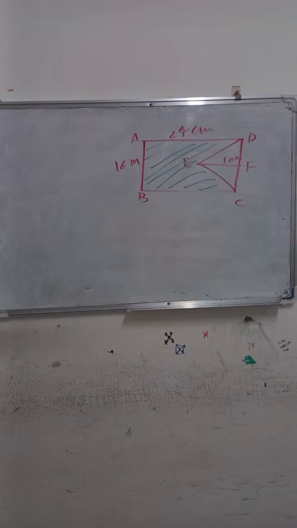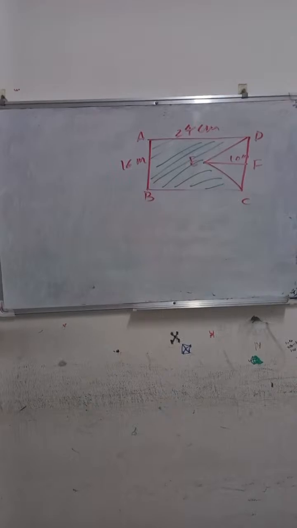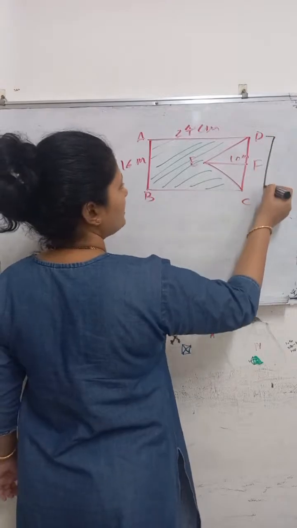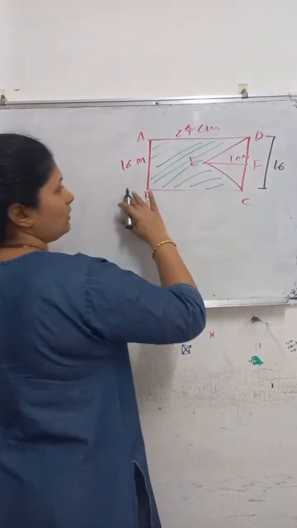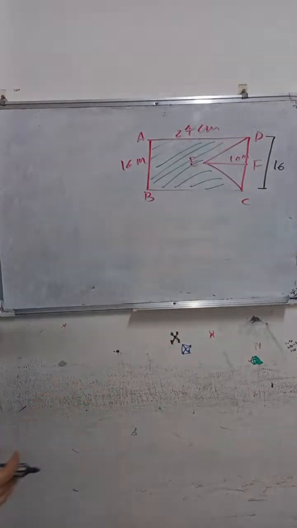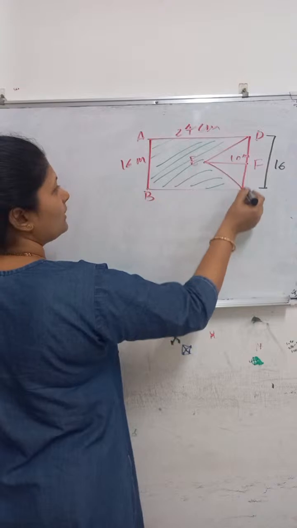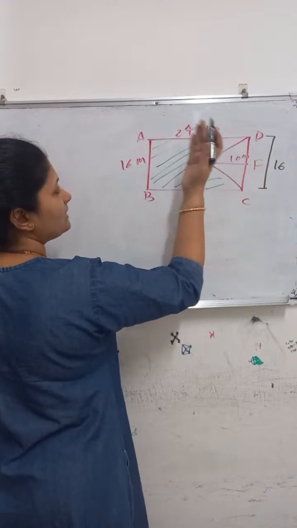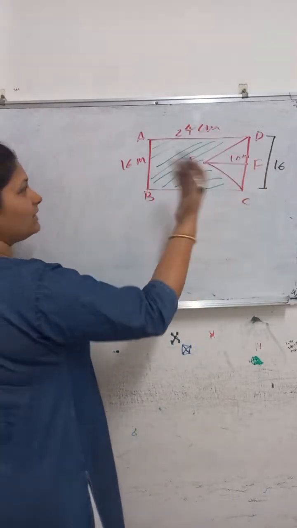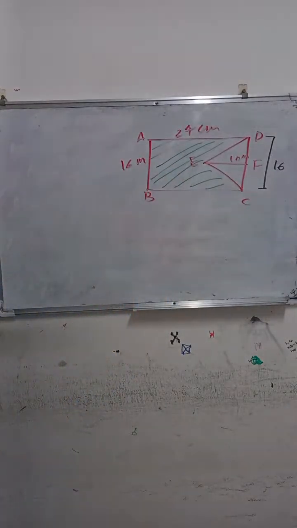Once you get the area of the rectangle, then you can calculate the area of the triangle. Because the base DC is given, AB is nothing but 16, so DC is also 16, no? Because pairs of opposite sides in a rectangle are the same. So first calculate the area of the rectangle, then the area of the triangle, and then subtract the triangle from the rectangle. You will get the answer.